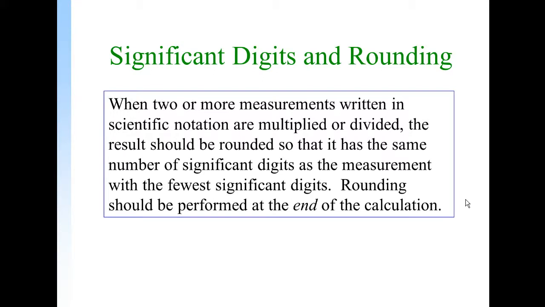So if you had 2 in one number you started with, in your answer you're only going to have 2. Because otherwise, keeping more than that doesn't lend itself to accuracy. It's just tedious. Because remember, when we're multiplying decimals, they keep adding more decimal places.